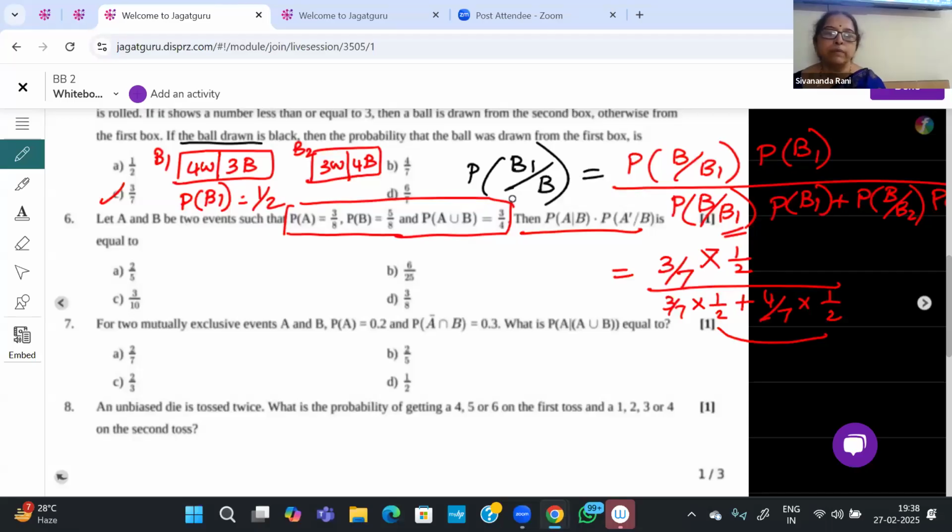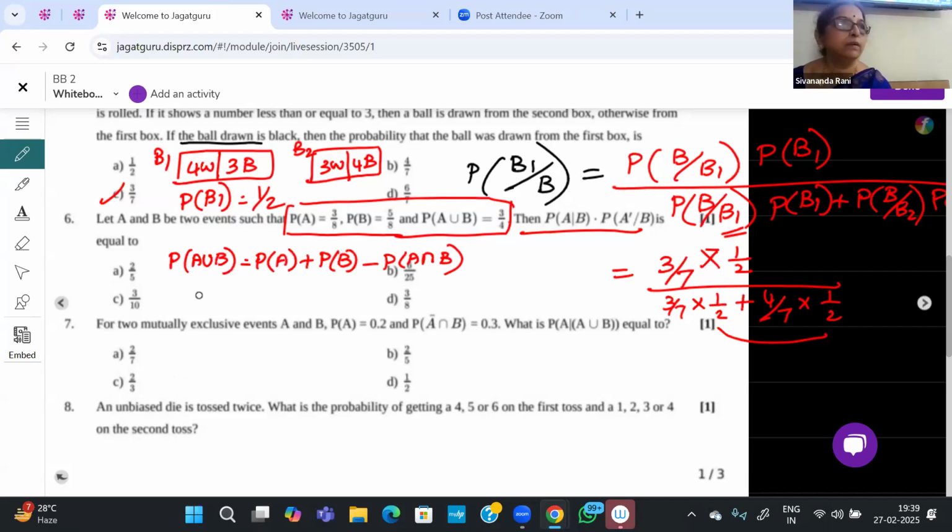What should you make use of? Yeah. Use the addition theorem. Addition theorem works in many cases, and this is one of them. Okay, make out your P of A intersection B and tell me first.